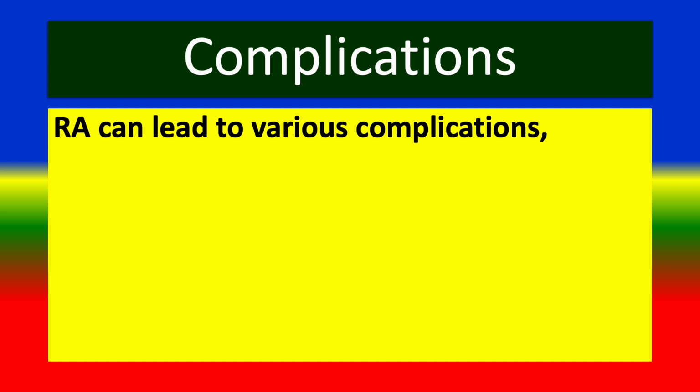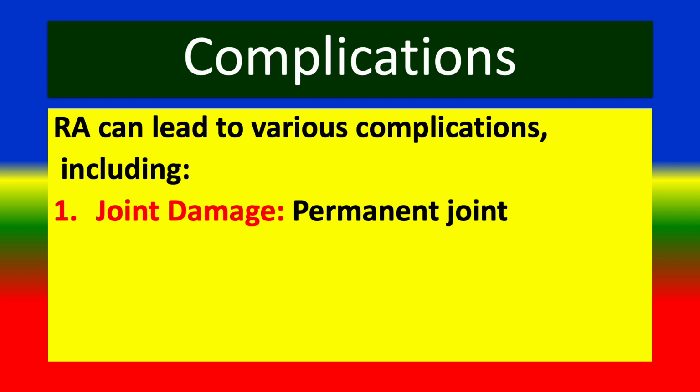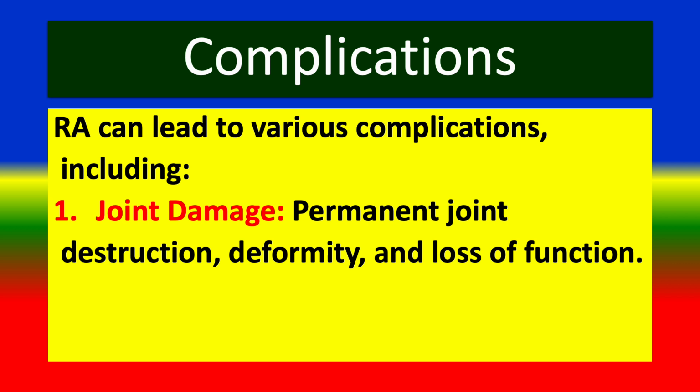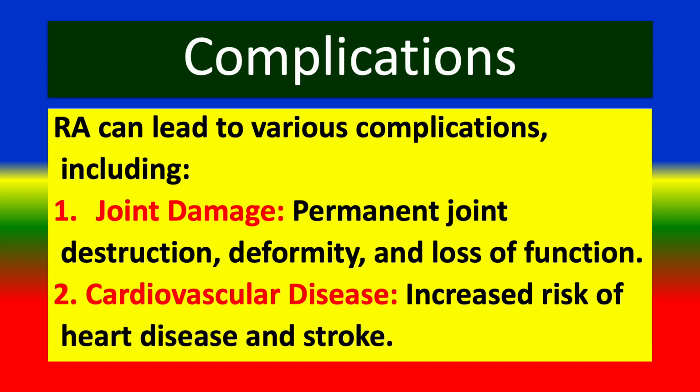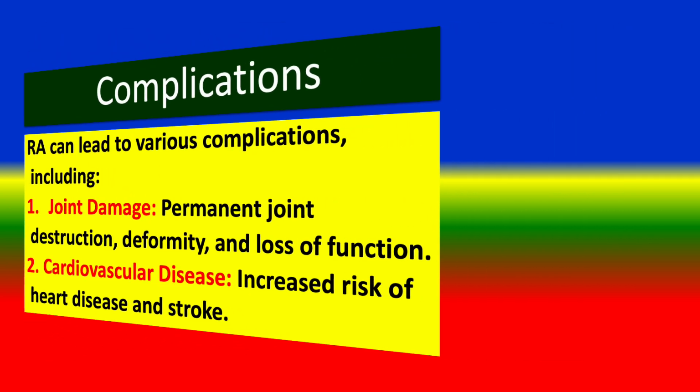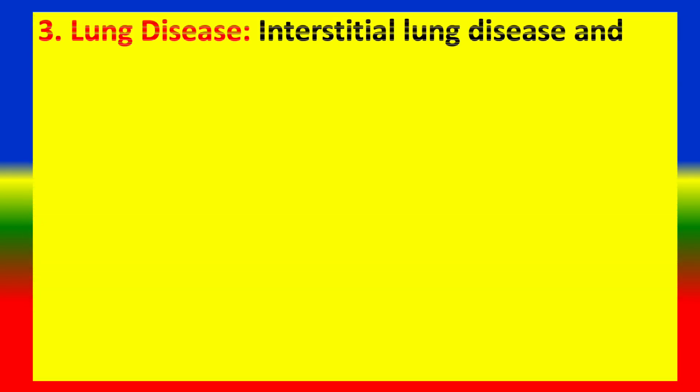Complications. RA can lead to various complications including 1. Joint damage, permanent joint destruction, deformity and loss of function. 2. Cardiovascular disease, increased risk of heart disease and stroke. 3.